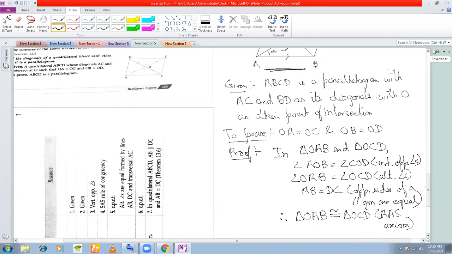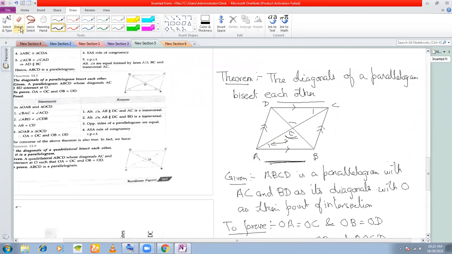Okay, so once we have proved that these two triangles are congruent, now our job is done. Now you see that, can I say that the diagonals bisect each other?